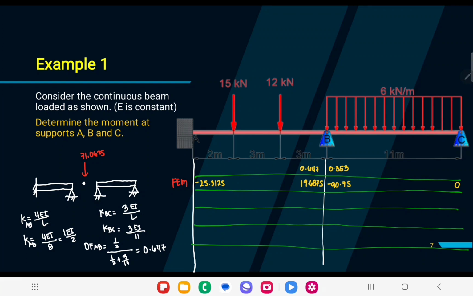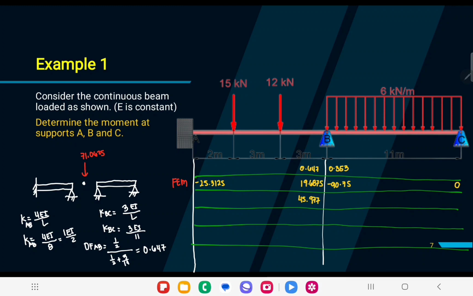Okay? So, what is the 64.7% of saan na yan balance natin? 71.0625 is yun yung makukuha nung left side ng span natin, which yung sa AB span, okay? So, 0.647 times 71.0625 is equal to 45.977.